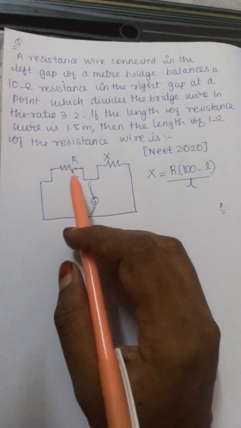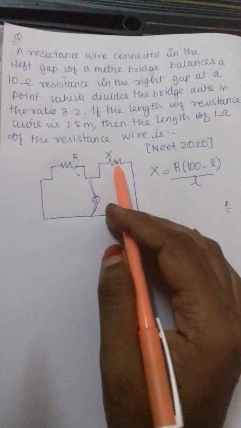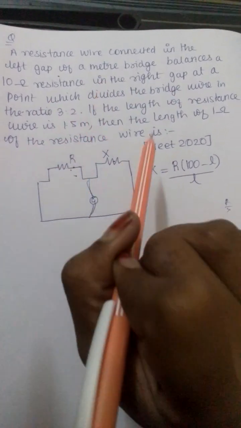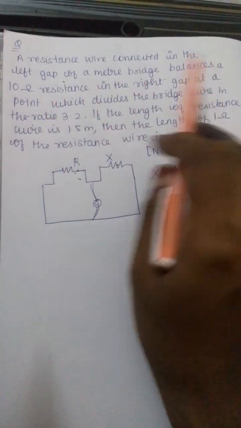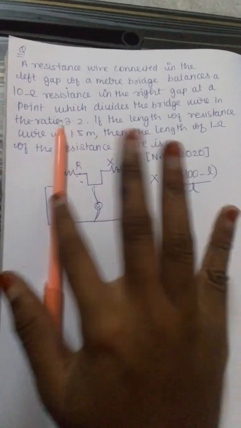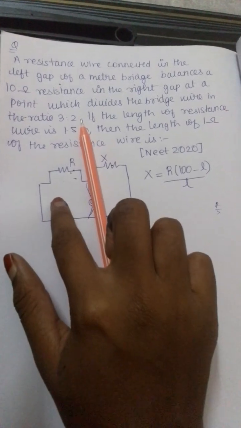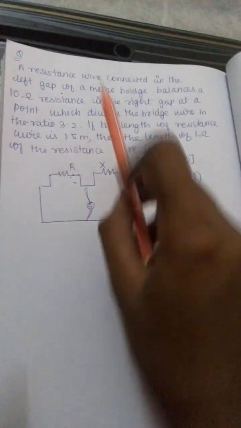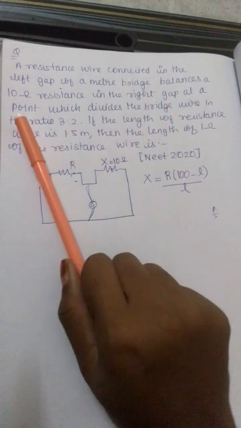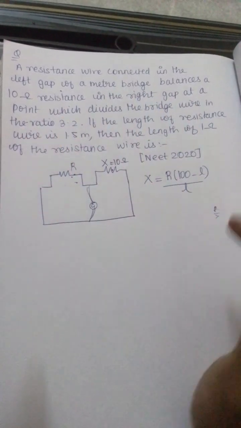Also you can remember that this R will balance this X. So this left resistance wire balances this right resistance wire, whose resistance is 10 ohm in the right gap, at a point which divides the bridge wire in the ratio 3:2.